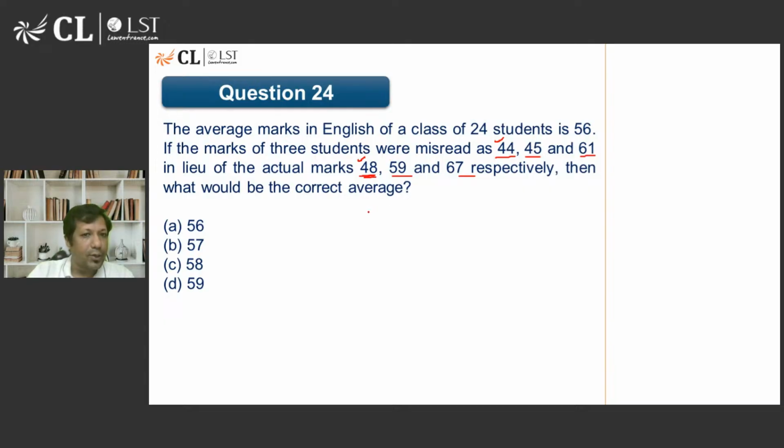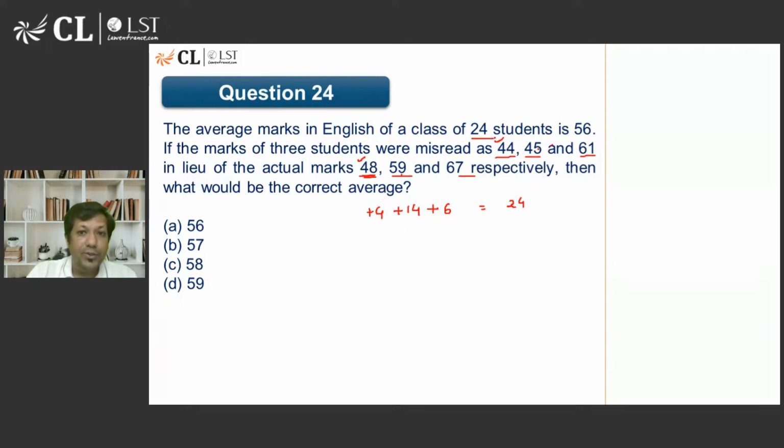So now to calculate the correct average, the value should increase by 4. And here, how much should it increase? 14. Here, how much should it increase? 61 to 67, 6. So what should be the total increment in sum? It should be 24, right?